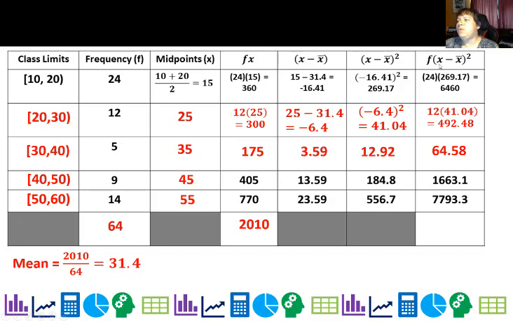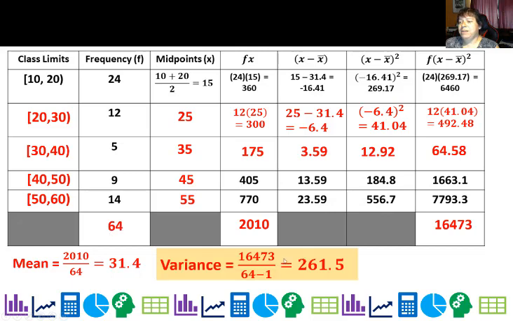Then again, we're going to go ahead and add up this whole column to get the sum of the squared deviations. Remember, that's not the variance. That's just the sum of the squared deviations. It's almost the variance. All I have to do is divide this by 64 minus 1. So I get a variance of 261.5, take the square root of that, and I have my standard deviation.